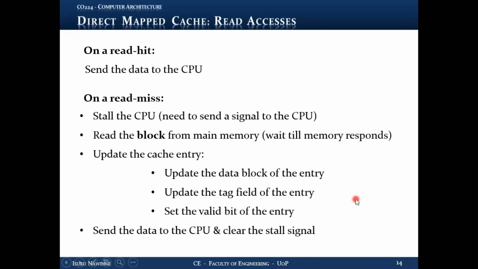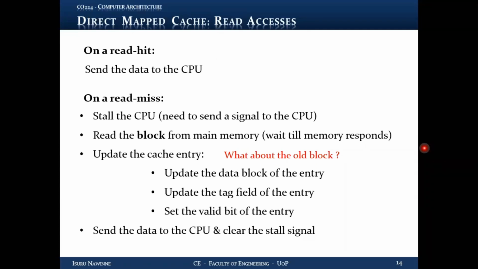Okay, right. Now we have a little question here. We have a little problem. What about the old block that was in the cache when the miss occurred? We tried to read from the cache and it was a miss. Most likely it would have been a tag mismatch, or it could have been that the valid bit was not set as well, right?